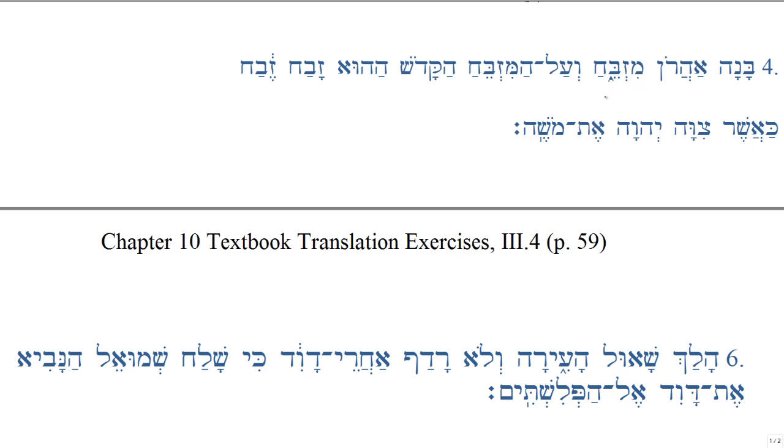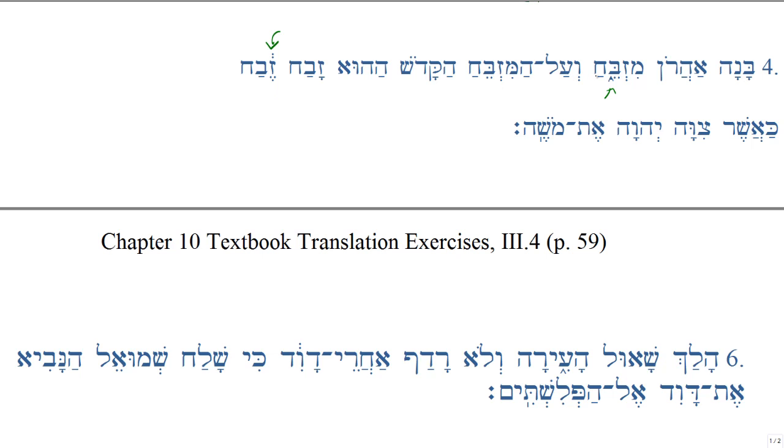So we have our atnach here, and that divides the verse into 2 pieces. And then we have another disjunctive accent here called a zakef katon, and that is a secondary division. It divides a portion of the verse into 2 pieces. This can be equivalent to a comma or a semicolon, sometimes a period.